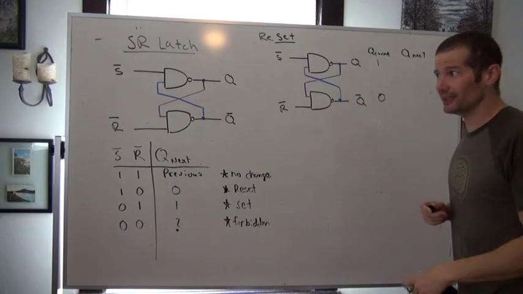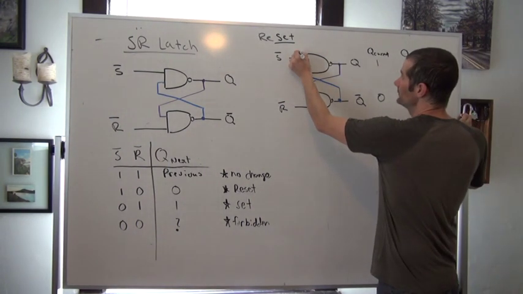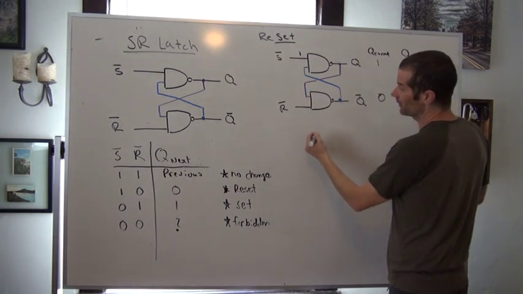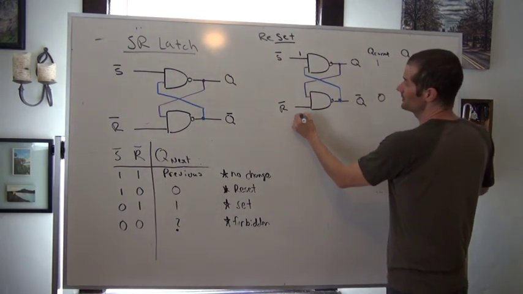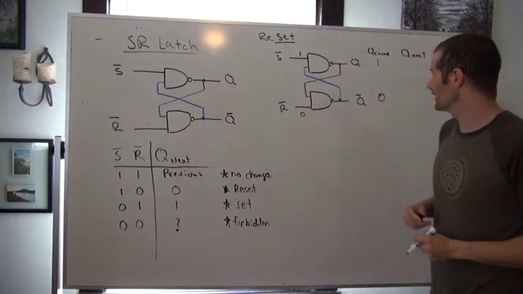So for a reset state to happen, that means that S bar has to be equal to 1, and then R bar would have to be 0. So let's see what happens when we cause a reset state.